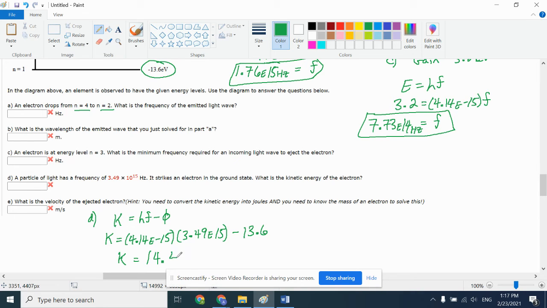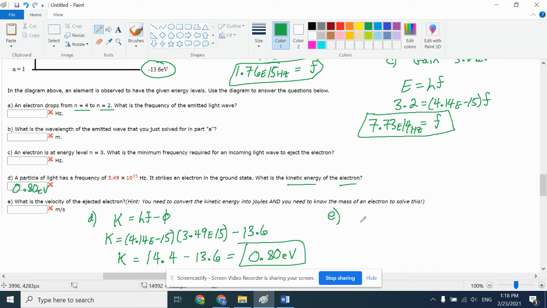Fortunately, 14.4 has been supplied by the light. So of the 14.4, we take away 13.6, and what's left over is 0.80 electron volts. That's how much energy we have for the kinetic energy of the electron.